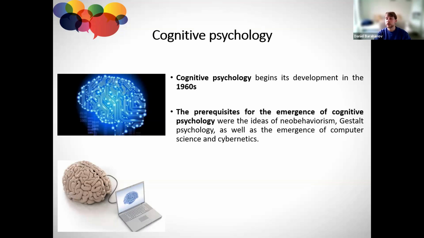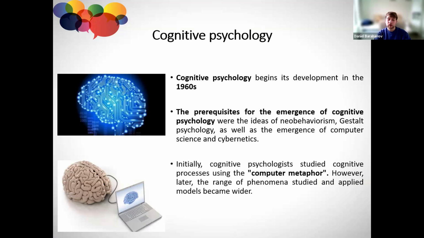Those technical opportunities opened a lot of space for new experiments in the field of perception, attention, and memory, which eventually led to new discoveries. So those new technical devices actually allowed psychologists to conduct more complicated and interesting research-designed experiments.